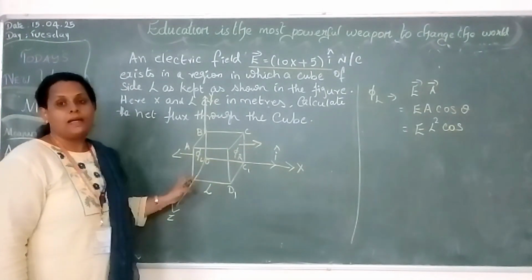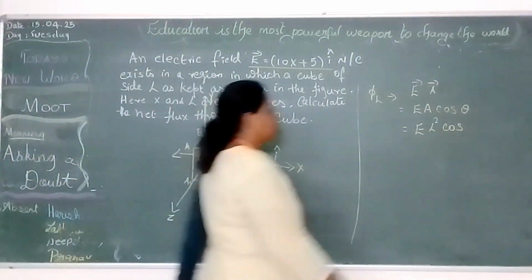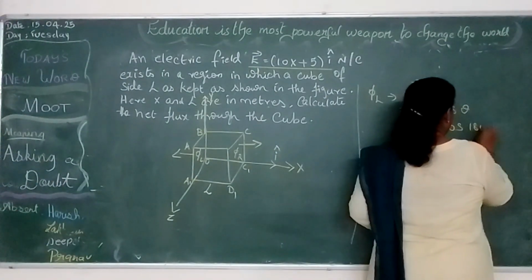Since they are anti-parallel, they form 180 degrees. Hope you understood. So it's cos 180 degrees.